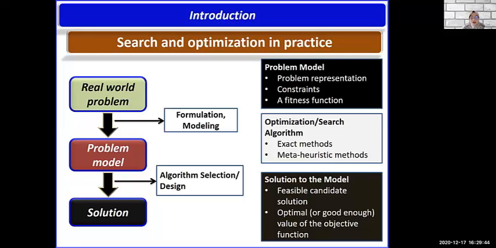If we use exact method, we will have optimal solution. But if you use meta-heuristic, we will get a near optimal solution or good enough solution, because meta-heuristic has no guarantee to find optimal solution. So exact method usually suitable for small problem.